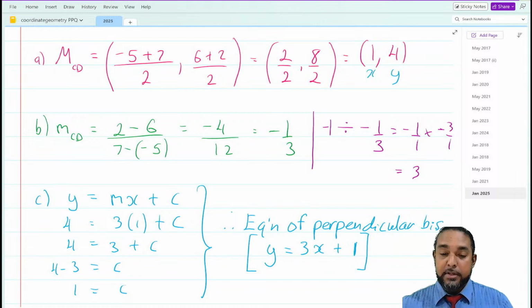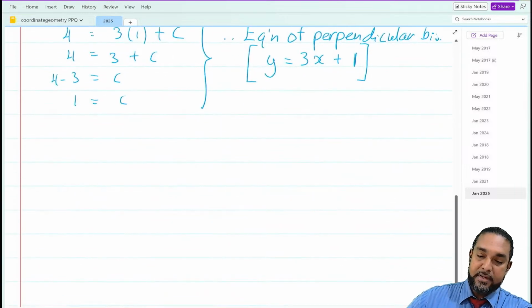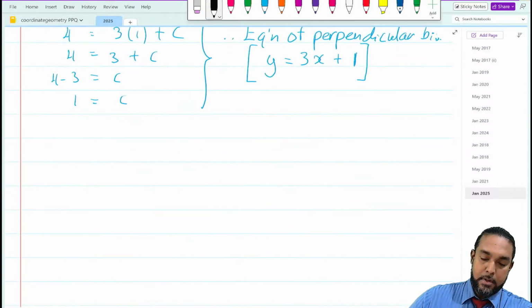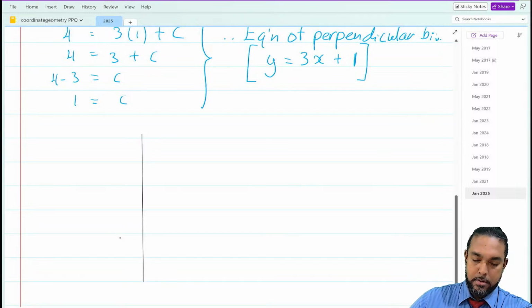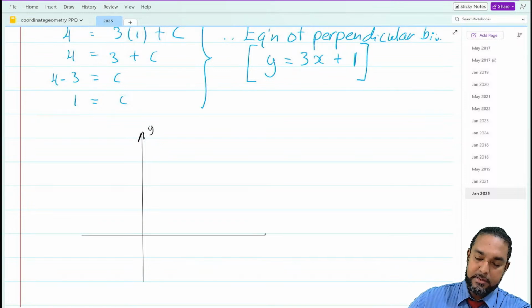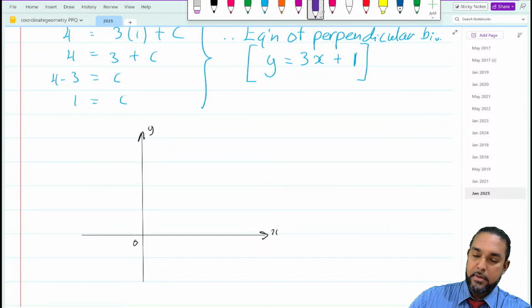Right, the perpendicular bisector. Let me get a little sketch. Y-axis, x-axis, origin.